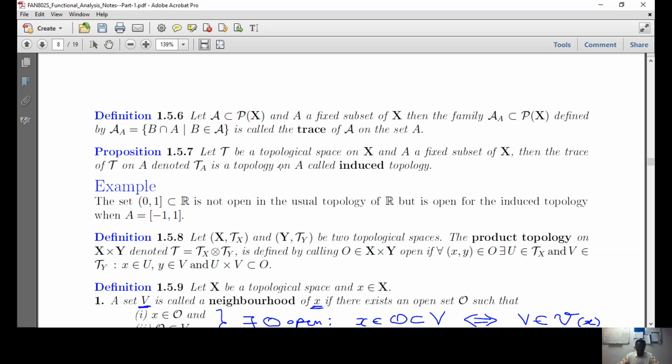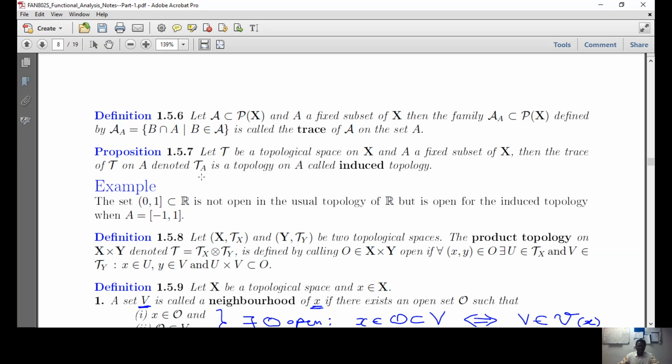T is a topological space on X, and A is a fixed subset of X. Then the trace of that topology on A, denoted T sub A, is a topology on A. It's called the induced topology.